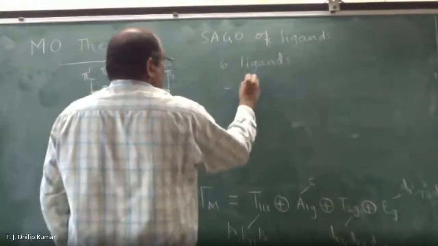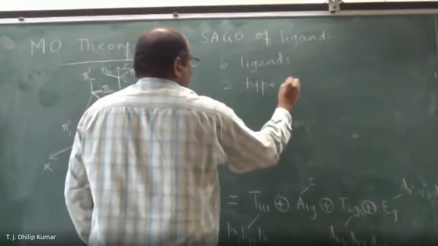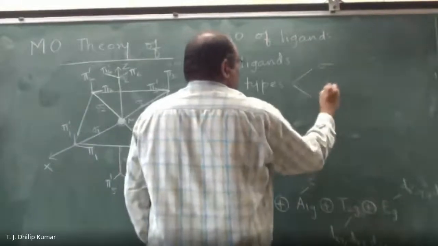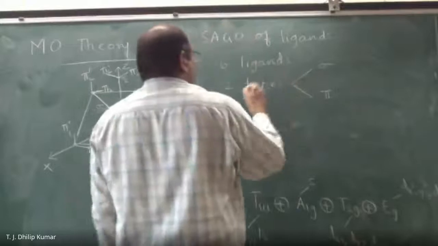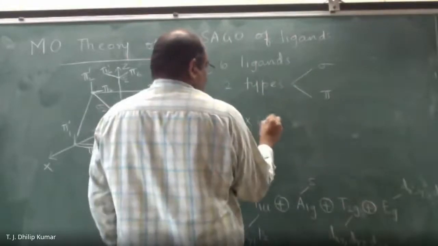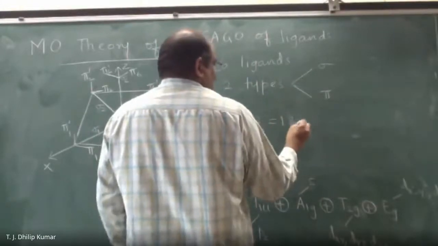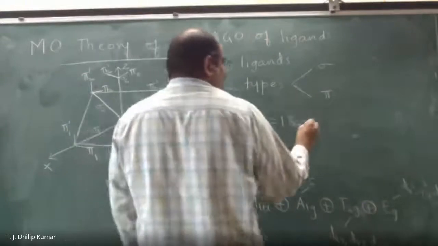and 2 types. One is sigma type, the other is pi. So 6 into 3 ligand orbitals means 18 orbitals.